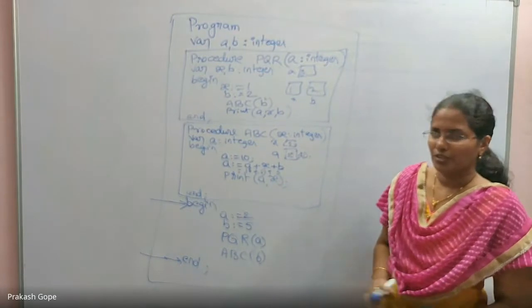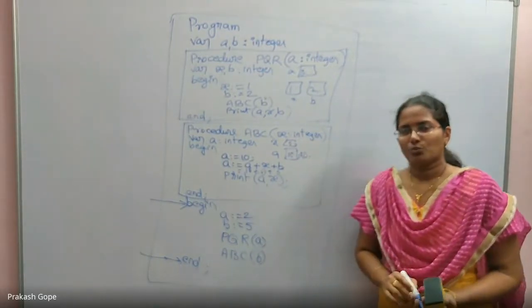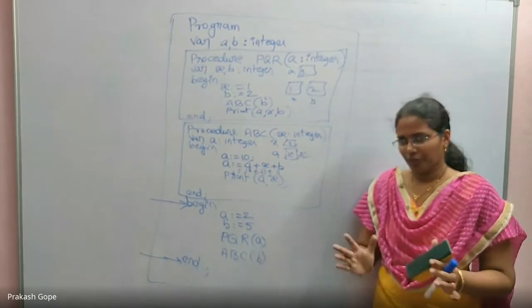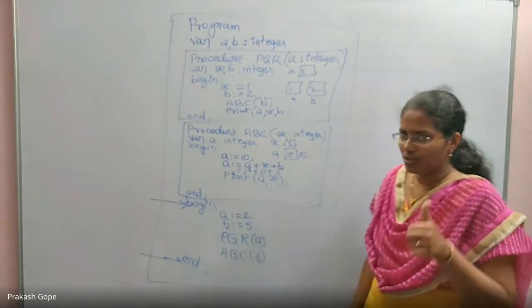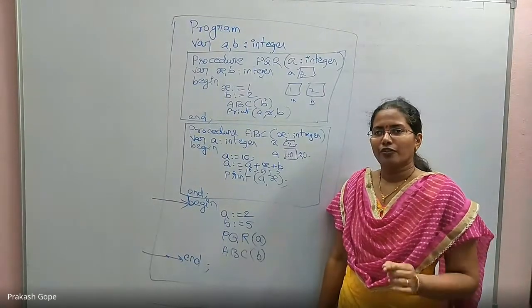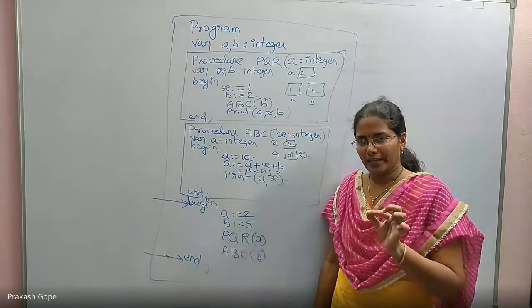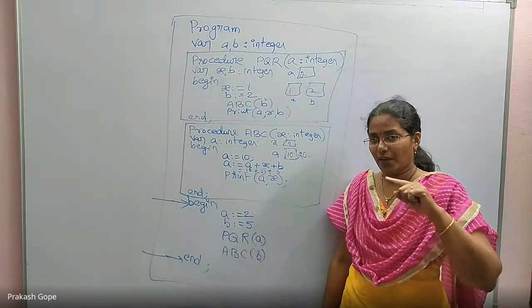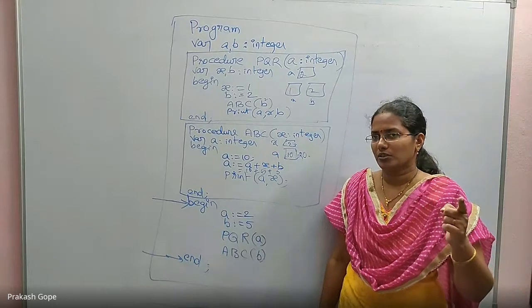The program also ends. This is the difference between static scope and dynamic scope. Let me reframe the statements once again. I'm talking about static scope first. Whenever you access a variable, first priority is for the locally declared variable. If it is not locally declared, it will try to access its outer block's variable.